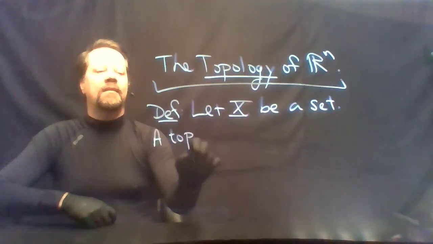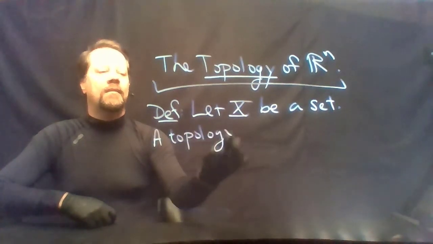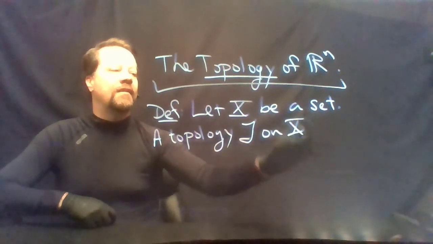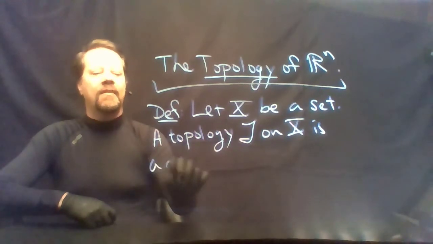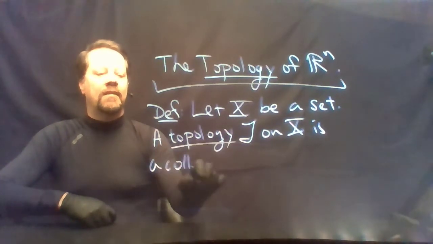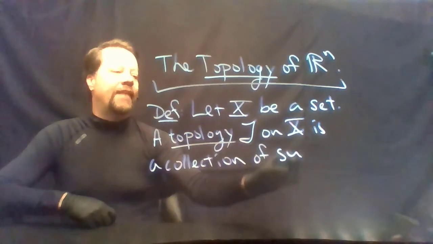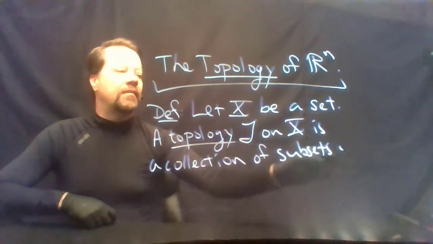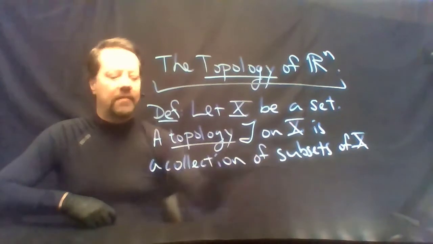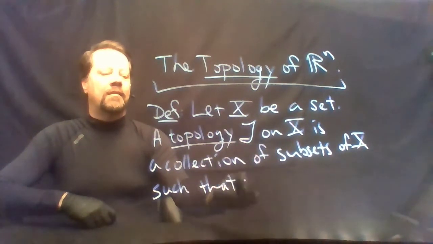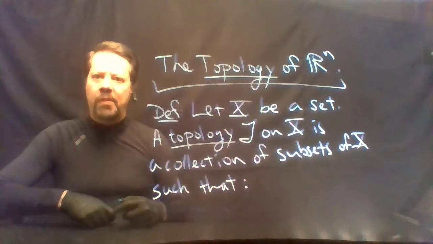A topology T on X is a collection of subsets of X such that the following three properties are satisfied.